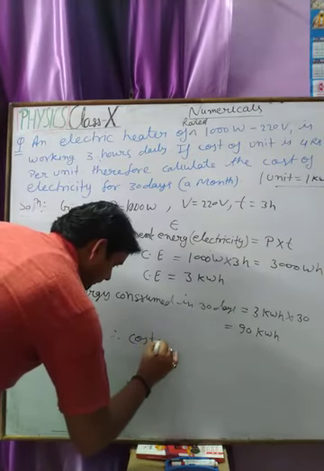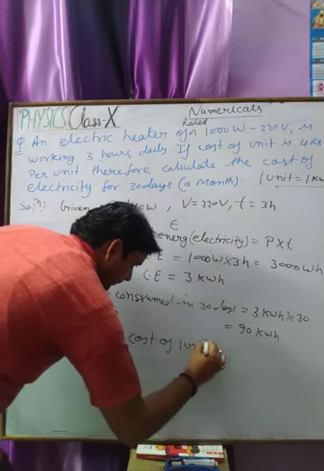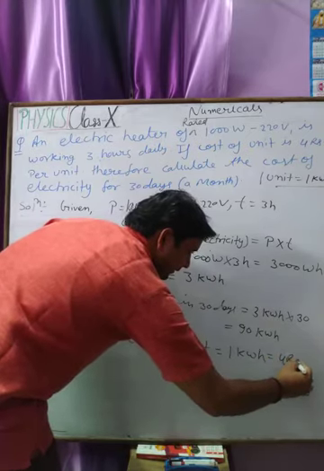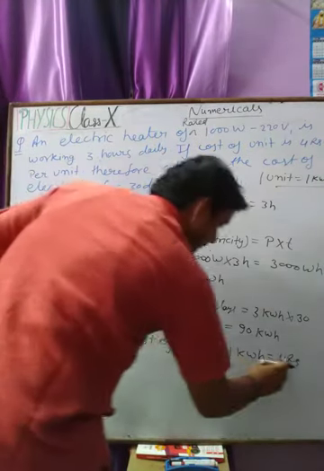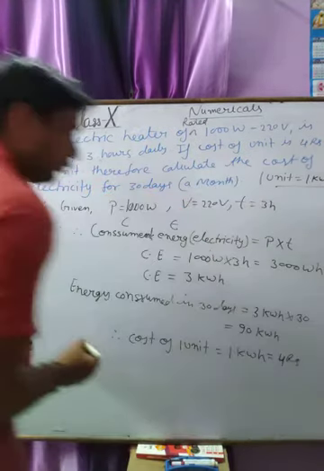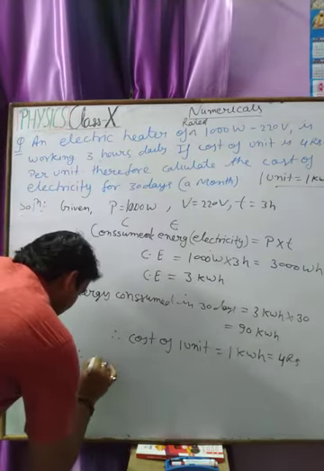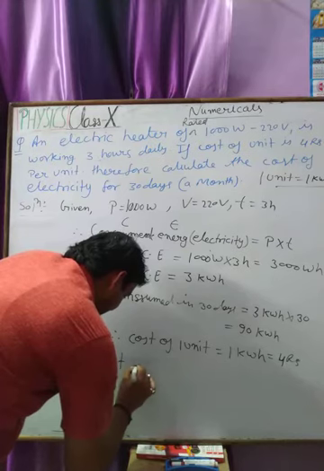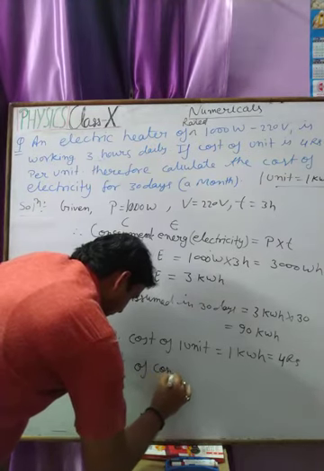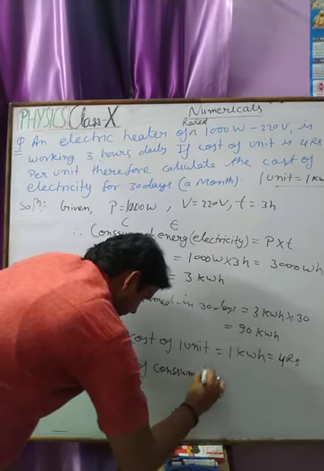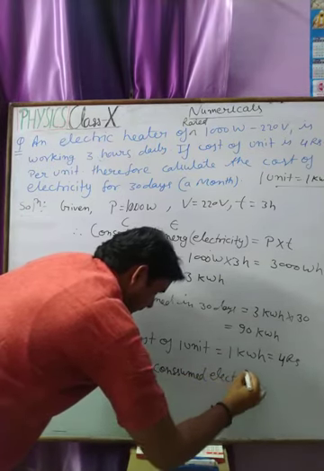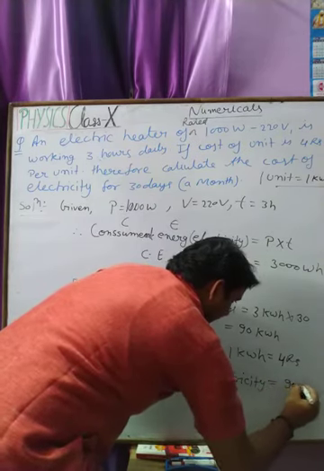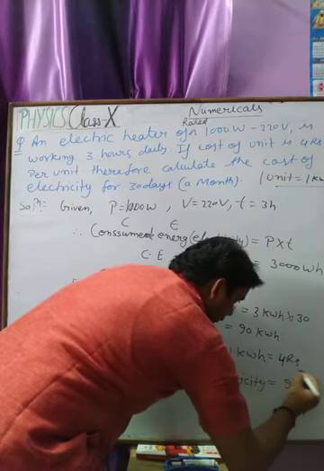And we have the cost of 1 unit, that is 1 kilowatt hour, equal to 4 rupees. Therefore the cost of consumed electricity, CT, is equal to 90 into 4 rupees per kilowatt hour.